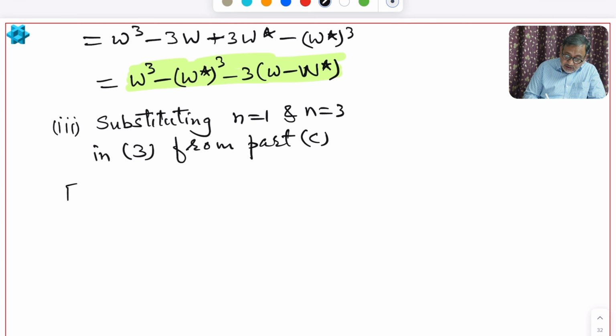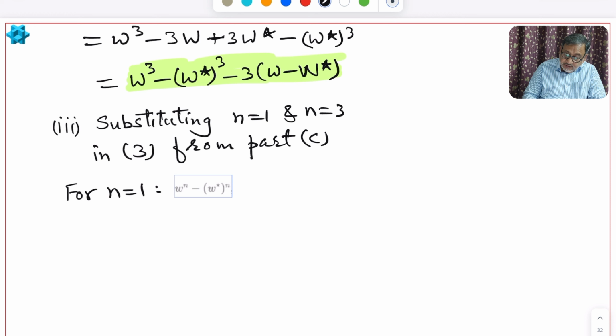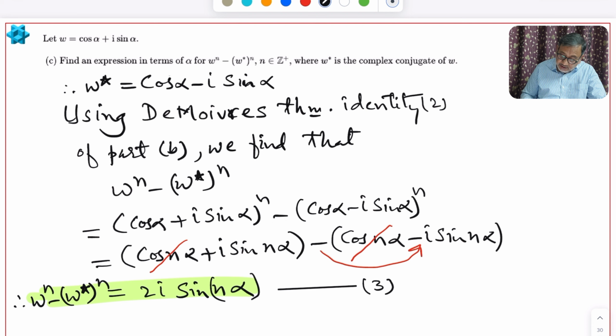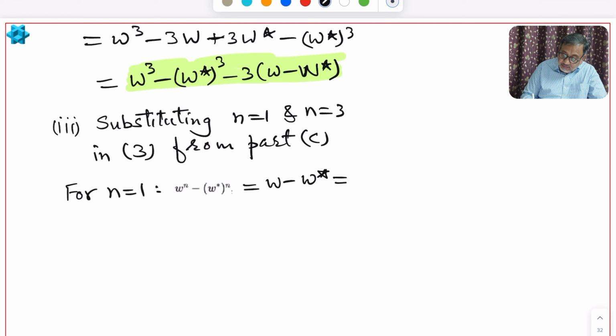For n is equal to 1, this result will become w minus w conjugate, and w minus w conjugate we got 2i sin n alpha, so 2i sin alpha, because n is 1.